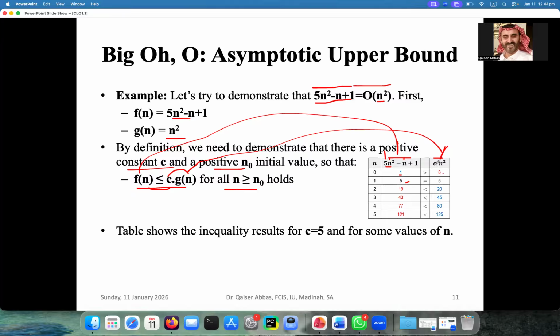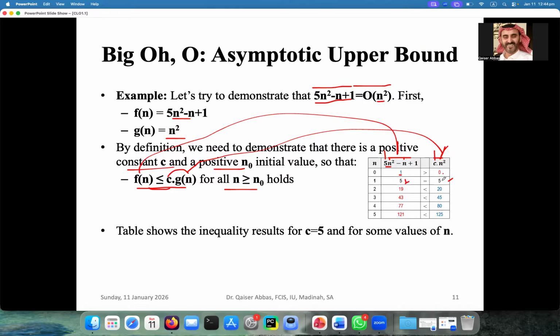So quickly check 2. If I make c equal to 2, then 2 into 1 becomes 2, and here I have 5. 5 is greater than 2 still. I don't have to think too much here, I am checking what is the right constant. If I put 3 for c, I will have 3 here and 5 there.